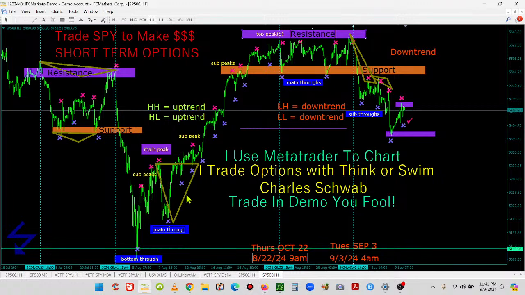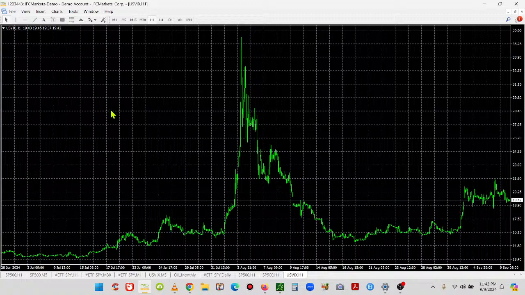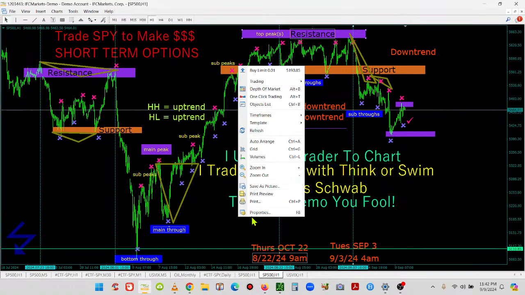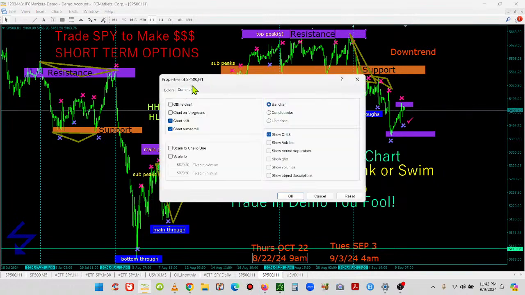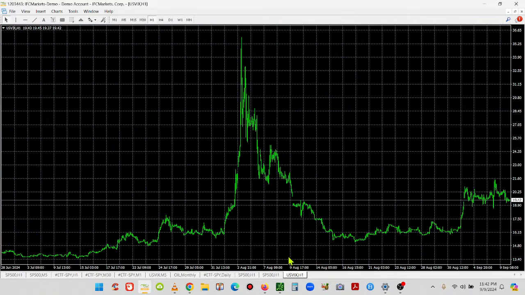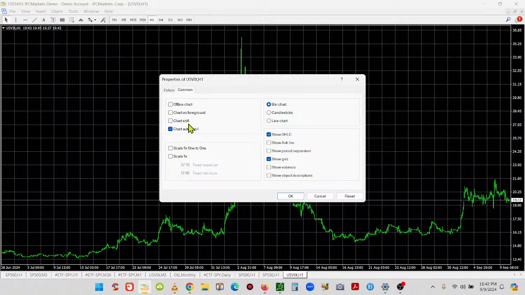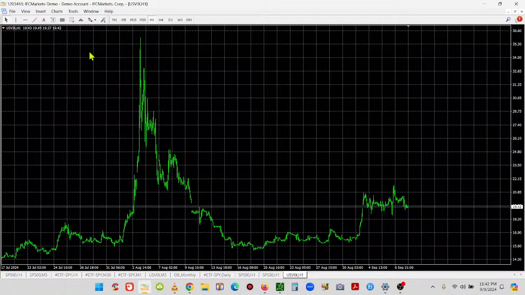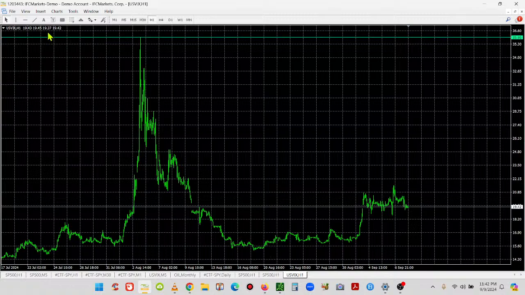We're going to look at another thing too, called the VIX. It's a fear index.